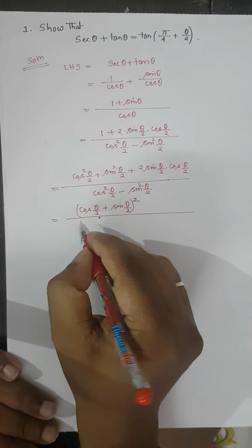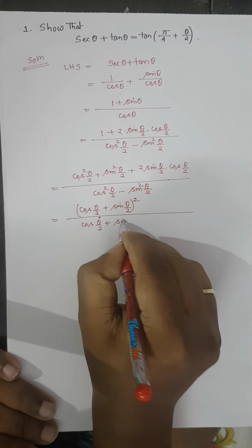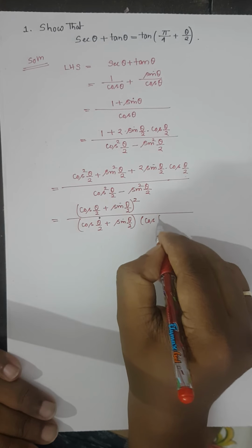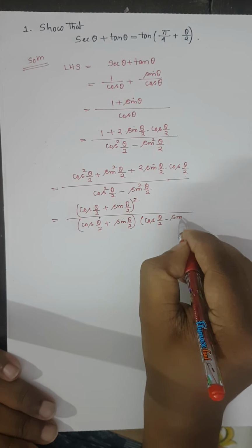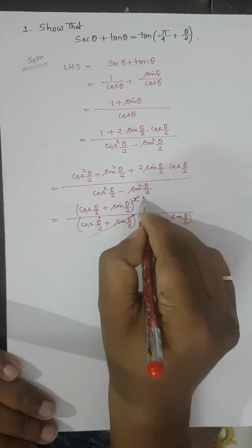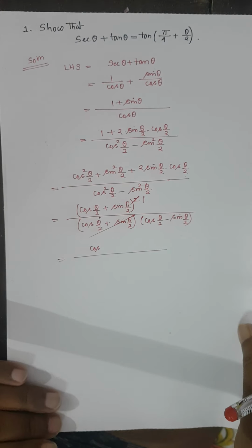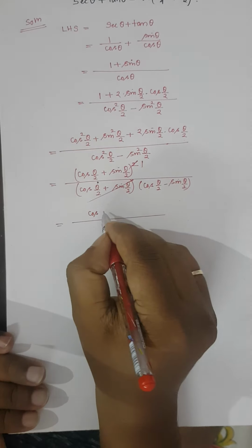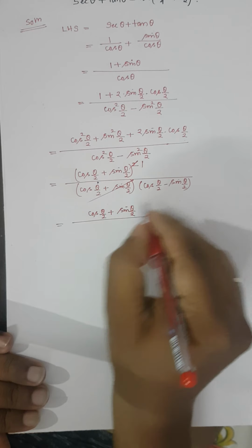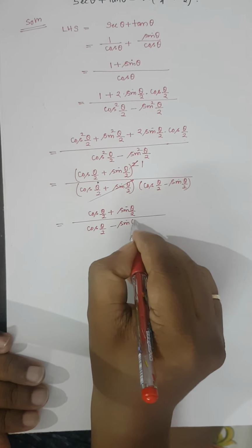So it can be expressed as cos theta by 2 plus sin theta by 2 into cos theta by 2 minus sin theta by 2. Now the same terms cancel, this is 1. So you are getting cos theta by 2 plus sin theta by 2 divided by cos theta by 2 minus sin theta by 2.